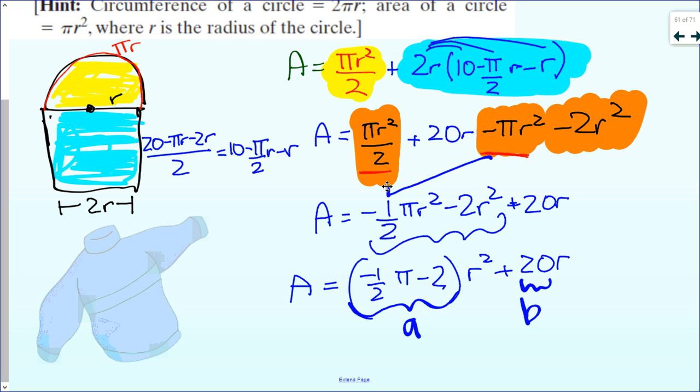How do you pi? Oh, you have it? Okay, Kishore, what did you get for that a value then? Negative 2.5707. Well, 5708.